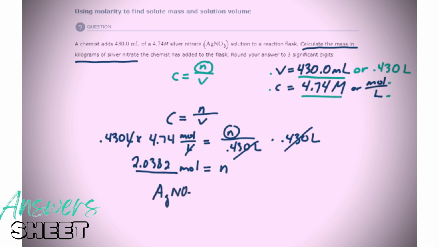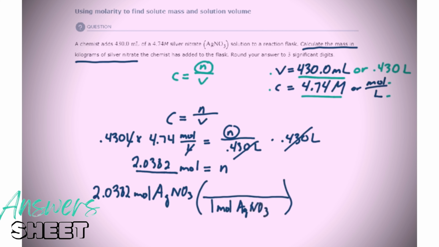Silver nitrate. So now I take this many moles of silver nitrate, 2.0382, and I convert it to kilograms. So of course our first step will be to convert it to grams using the molar mass of silver nitrate. 1 mole of silver nitrate is 169.87 grams of silver nitrate.